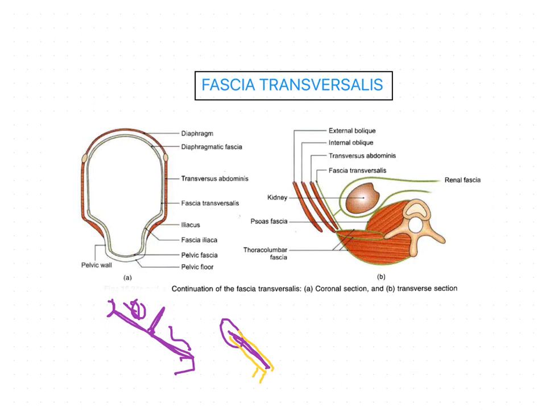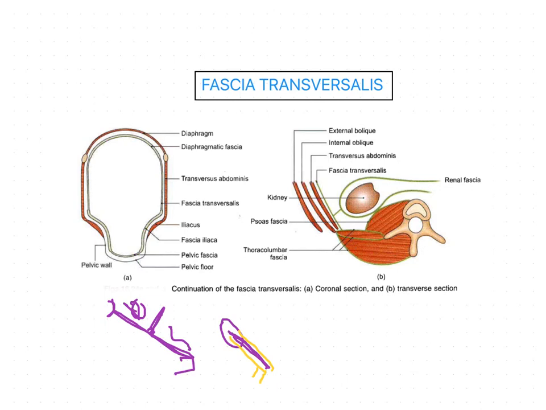Because of that, the femoral sheath contains only the vessels, that is the femoral artery and vein, and outside the sheath will be the femoral nerve. Inside the sheath, only the femoral artery and femoral vein are present. This is about the relations to vessels and nerves.